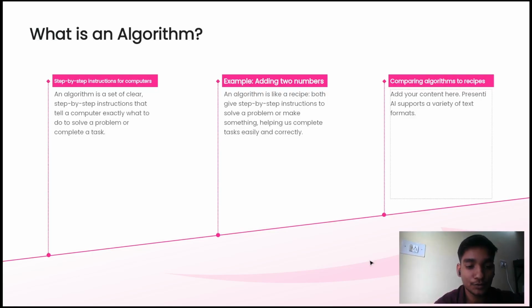And finally, we use arrows to show the direction, to follow from one step to the next. These symbols make our algorithm easy to understand even for someone who hasn't read the text. They can simply look at the shapes and arrows and know what's happening.